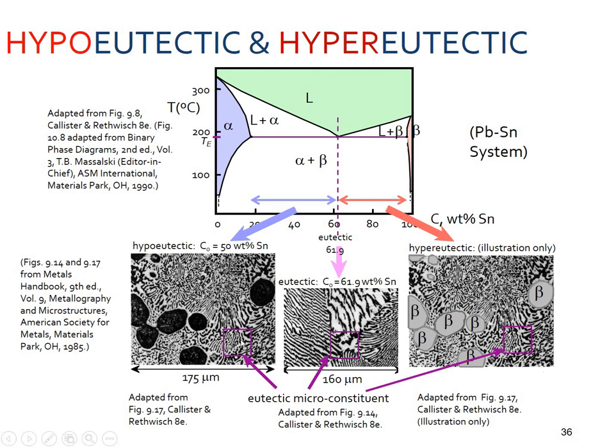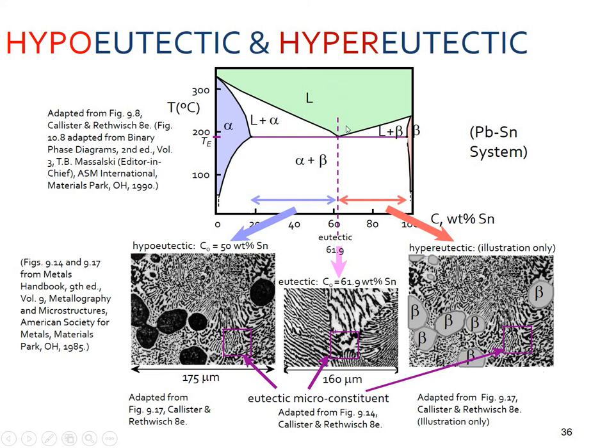So you can see in this figure, this micrograph, that the dark black spots are the pro-eutectic or primary alpha, formed due to this liquid plus alpha region. And due to this liquid plus beta region, the primary beta, that is the pro-eutectic beta phase, is present over here.